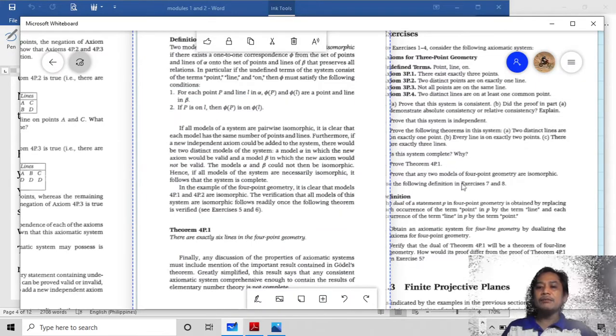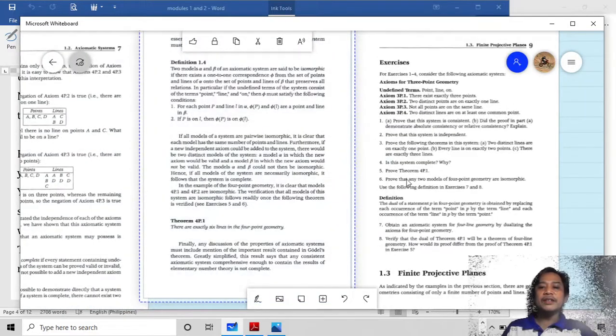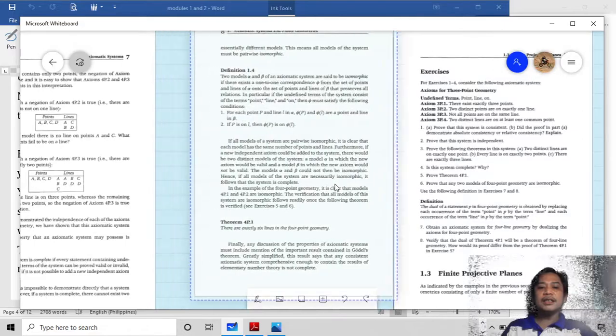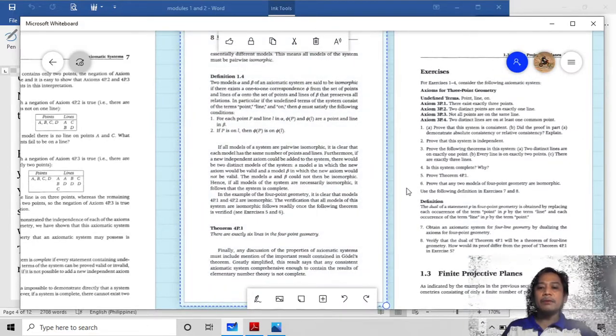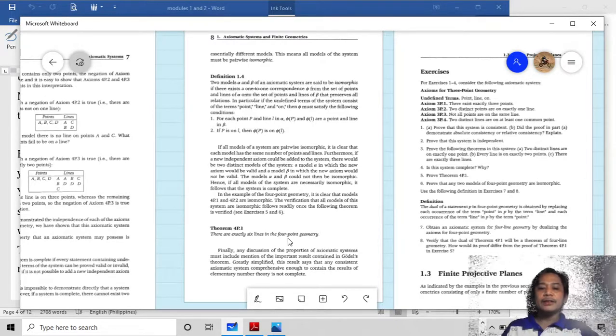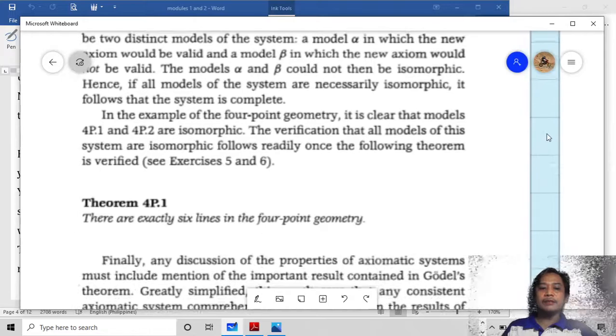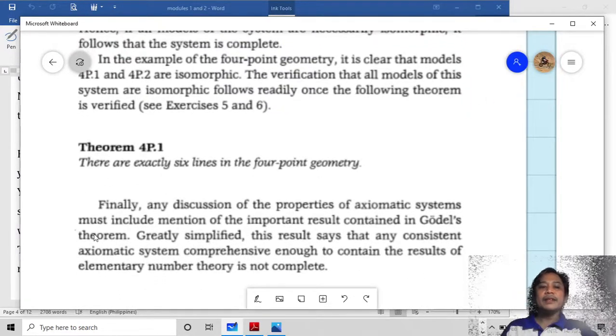Now, let us move on to theorems. Again, a theorem is a new observation other than the axioms that can be proven using the axioms in the system. An example of a theorem in the 4-point geometry states that there are exactly 6 lines in the 4-point geometry.